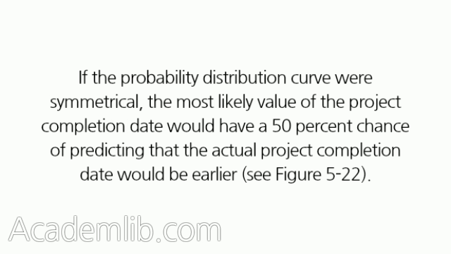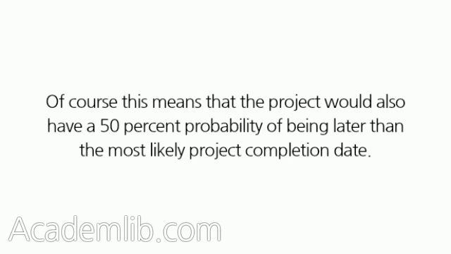If the probability distribution curve were symmetrical, the most likely value of the project completion date would have a 50% chance of predicting that the actual project completion date would be earlier. See Figure 5.22. Of course, this means that the project would also have a 50% probability of being later than the most likely project completion date.